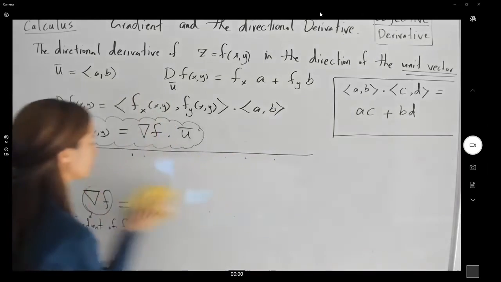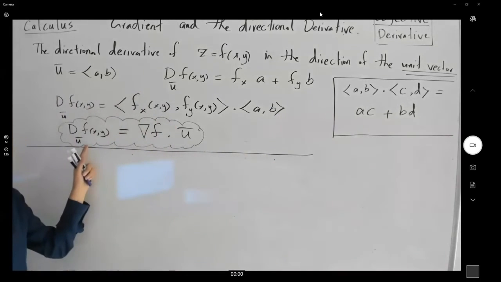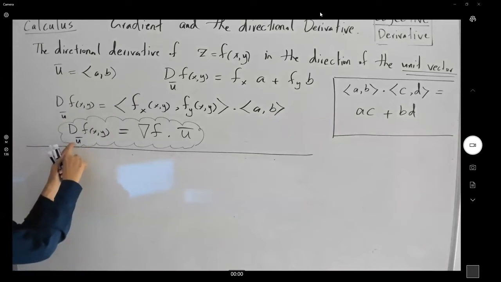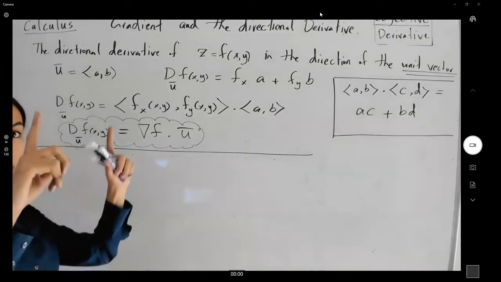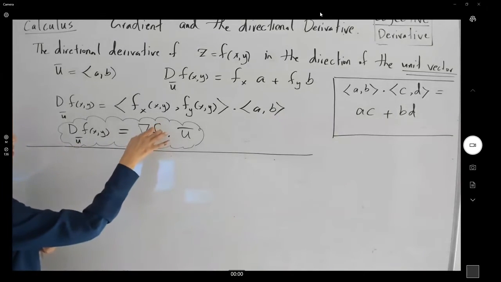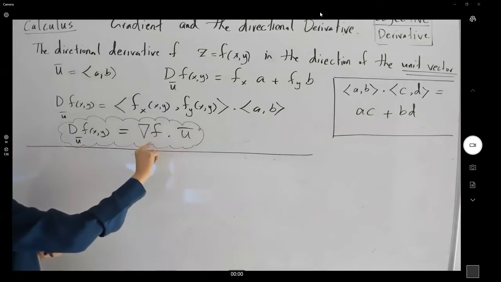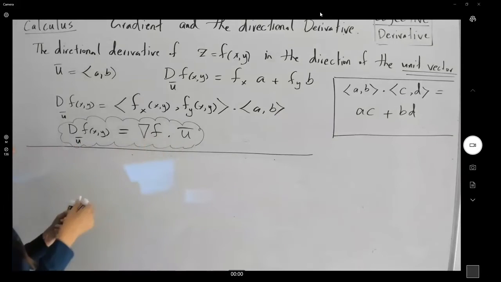One important observation is that the directional derivative or the rate of change of the function in the direction of u is going to be maximized, and it's equal to the magnitude of your gradient function, when u is in the direction of your gradient function.